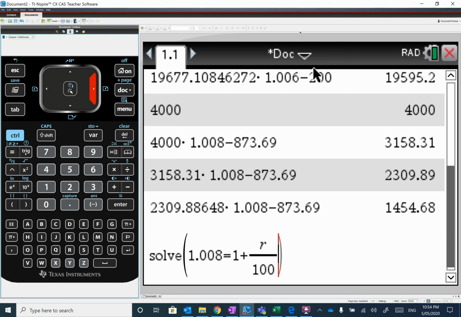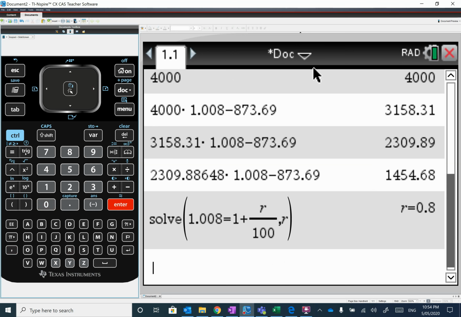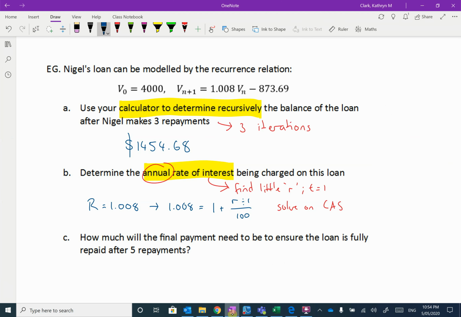I'm going to solve for r. There you go. r is equal to 0.8%. Well, that's an unrealistic rate.